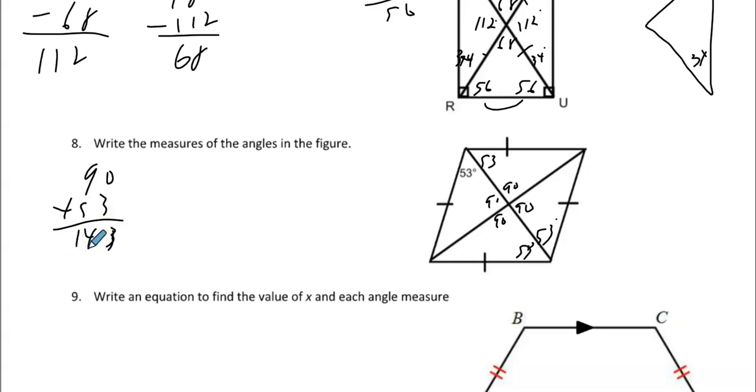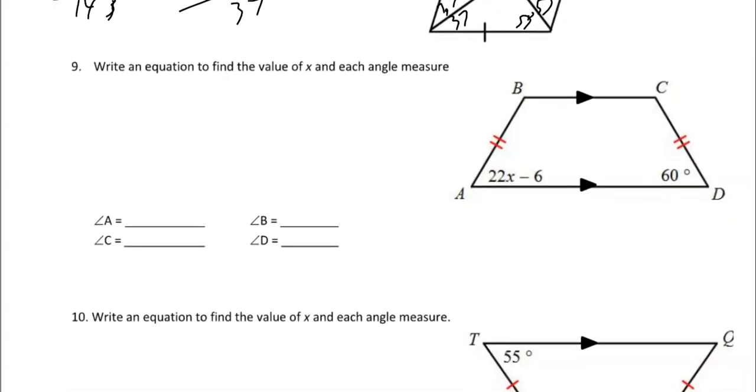That's 143. And then you do 180 minus 143, and that gives you 37. So that means this angle is 37, this angle is 37, this one's 37, and this one is 37. And that's how you break it down.